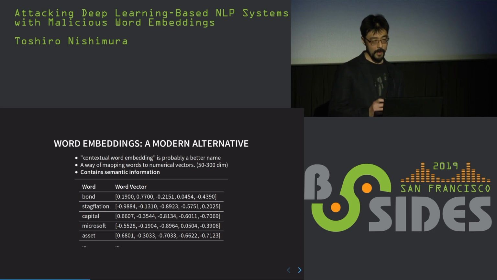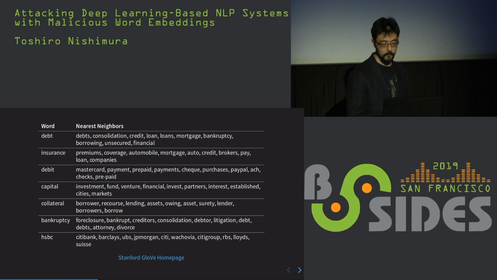And the magical thing about these word embeddings is that no human would have gone in and manually assigned or told the system that capital and asset are similar words. It would have just been learned from a large text data set like the entire text of the English Wikipedia. And there would have been no manual labeling, no mechanical turking, anything like that.